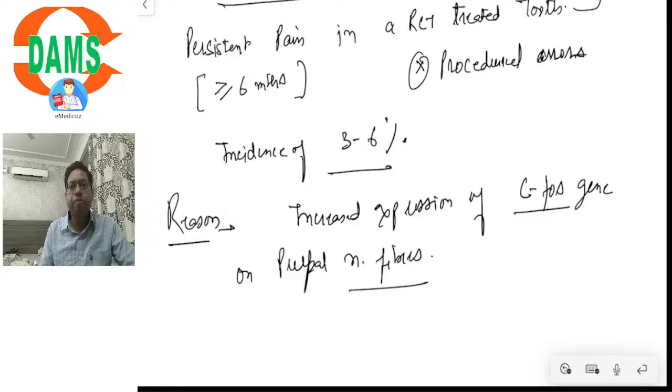Especially in cases of symptomatic irreversible pulpitis, the patient is having spontaneous throbbing pain, and we have done root canal in such a tooth, then there is a 3 to 6% likelihood of persistent pain after root canal.